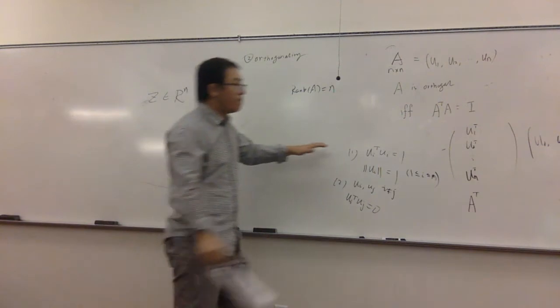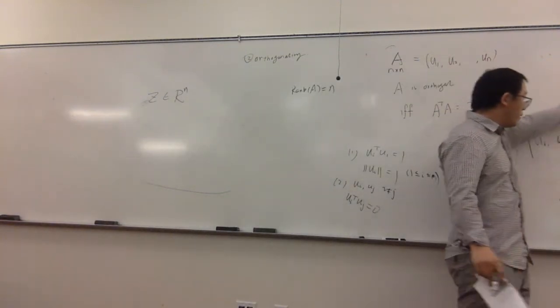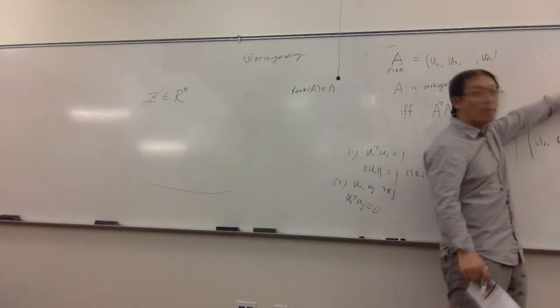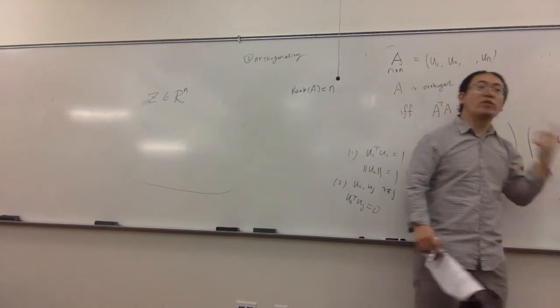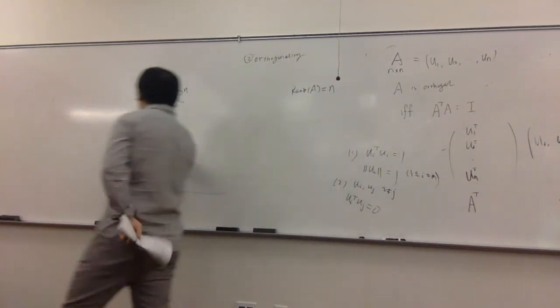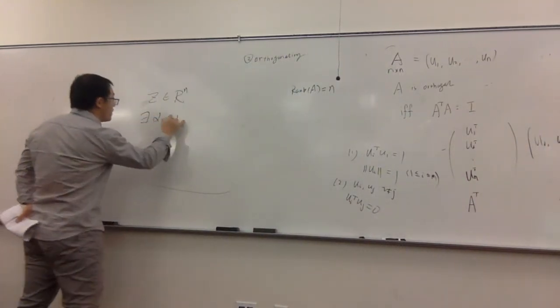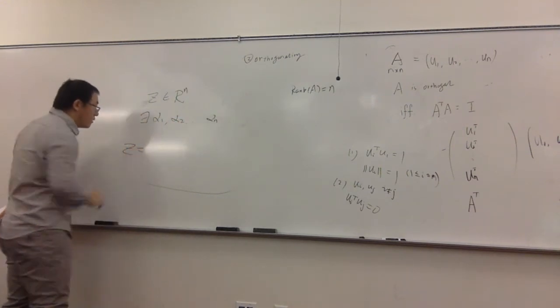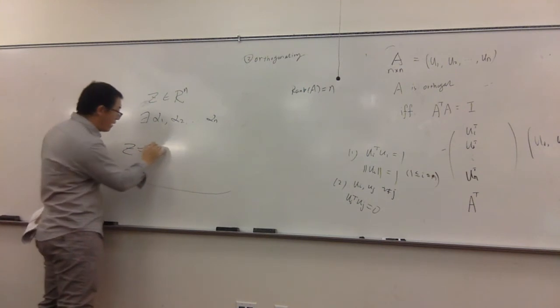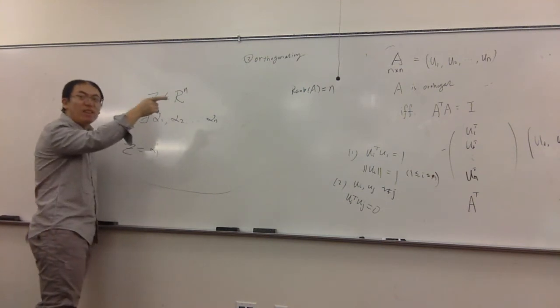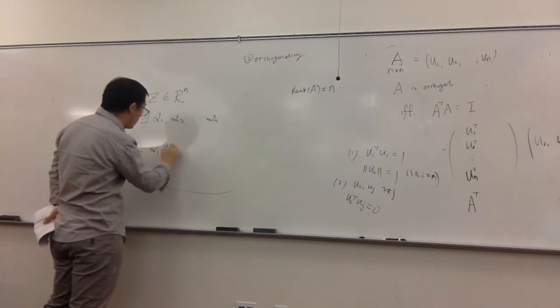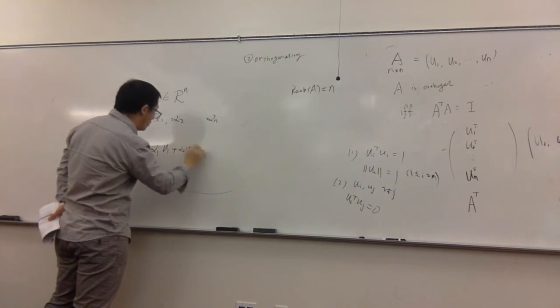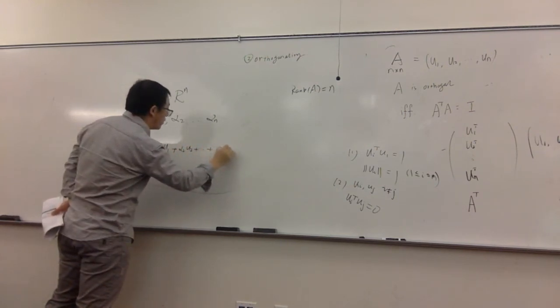Because these n-dimensional vectors are linearly independent, we know that there must exist n coefficients alpha 1 to alpha n such that we can represent z as a linear combination of these n vectors. Right? So alpha 1 u1 plus alpha 2 u2 until alpha n un.